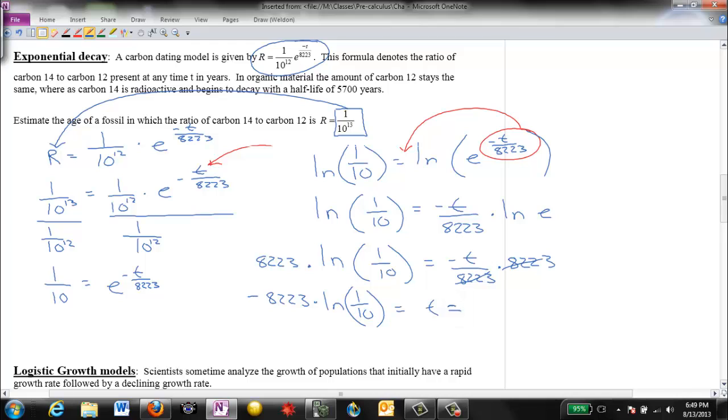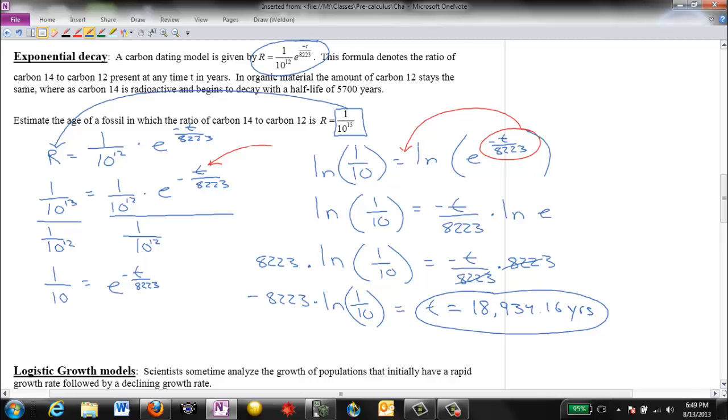So t equals 18,934.16 years, right? Because t is in years. So there you go. That's how old the fossil is, using some of the mathematics involved in carbon dating.